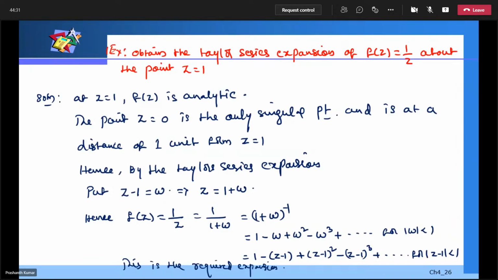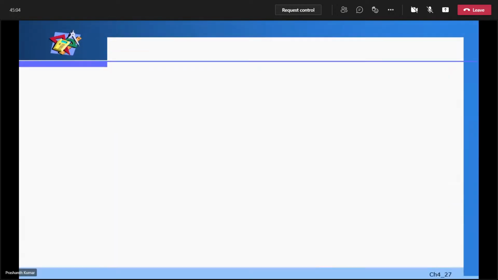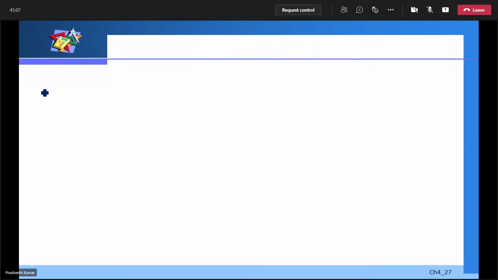Then f of z we write in terms of w, and that we consider as a function phi of w. What is the working rule?